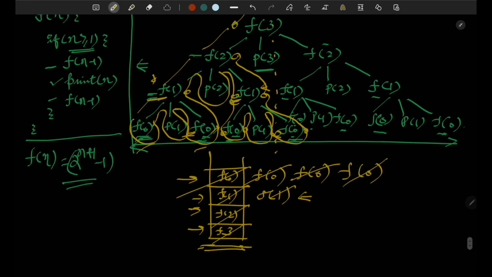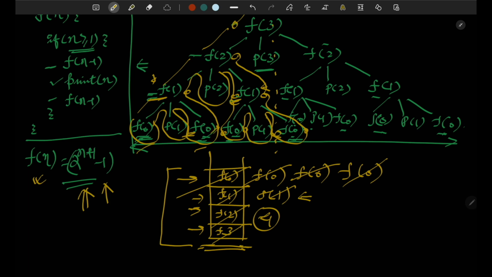Even though we have to make these many calls in order to calculate the value of f of n, the number of actual elements, or the depth of the stack that we are going to need, is only going to be this much, which is pretty much less than this value, right? So if I were to calculate f of 3, then I would have to make 15 recursive calls, but all those recursive calls could be tracked using only 4 cells.